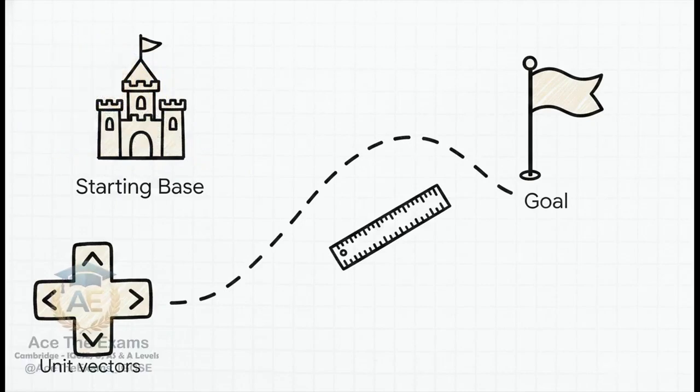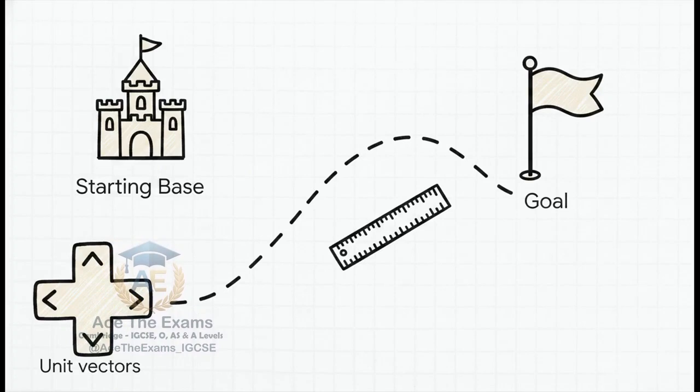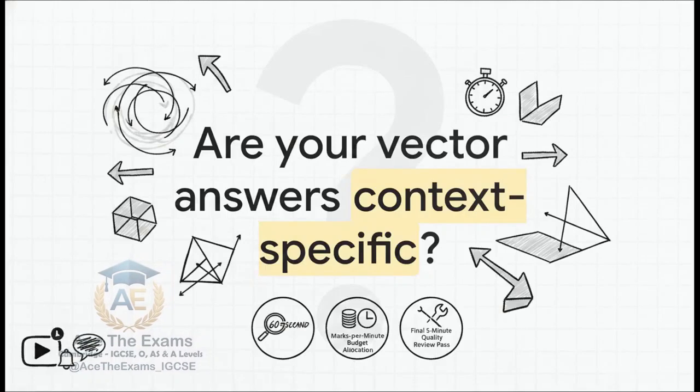You encode the abstract math into a spatial, interactive story. Magnitude simply becomes the raw distance traveled. Unit vectors become your fundamental single-directional steps. This visual story method prevents your brain from freezing up. It keeps your cognitive processor running at maximum efficiency, ensuring you immediately select the correct analytical framework without burning the clock.